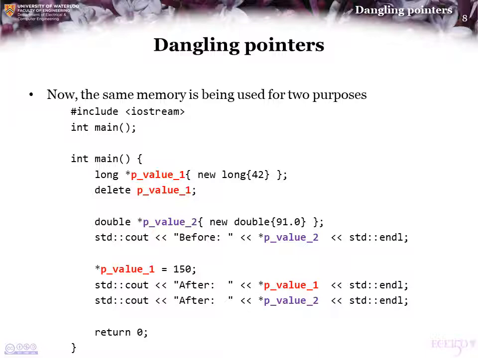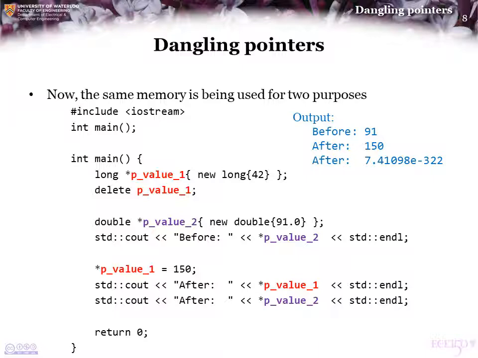So when we print out the value stored at the location p-value 1, it is interpreted as an integer, 150. However, if we now try to print what was there interpreted as a double, after all, that is what p-value 2 is pointing to, we get something very bizarre.